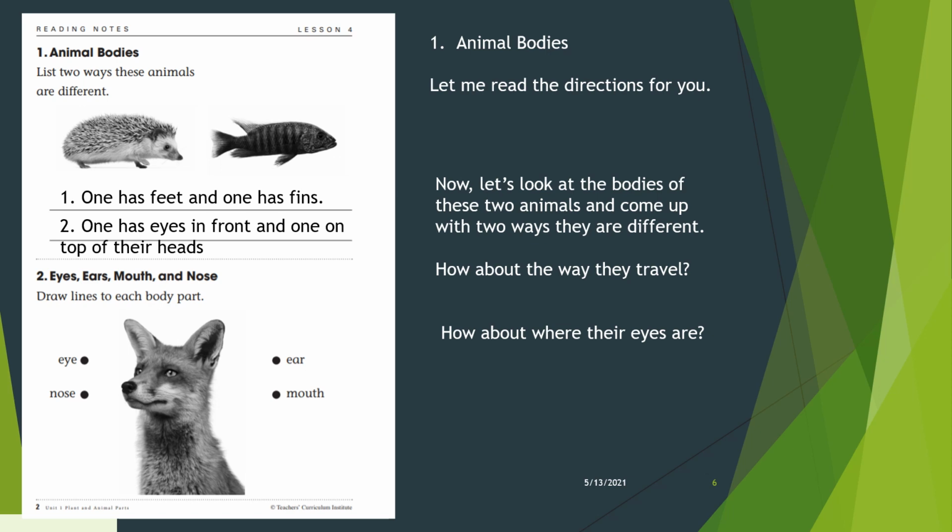See how the hedgehog, his eyes are in the front of his face, but the fish has eyes up closer to the top of his head. So our answers are number 1, one has feet and one has fins. Number 2, one has eyes in front and one on top of their heads.